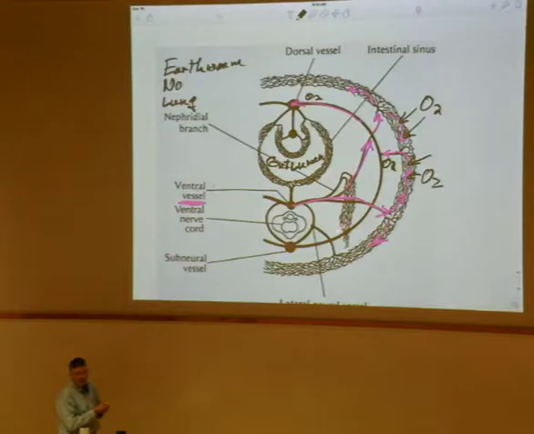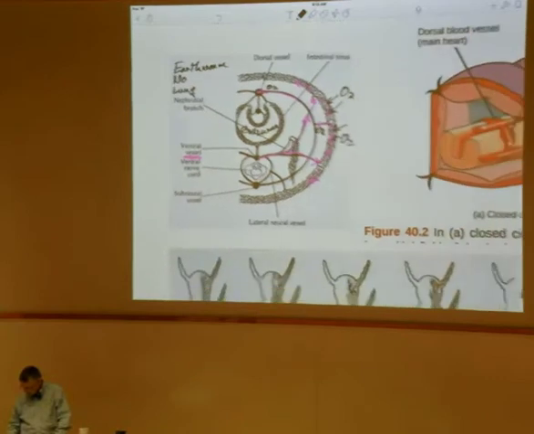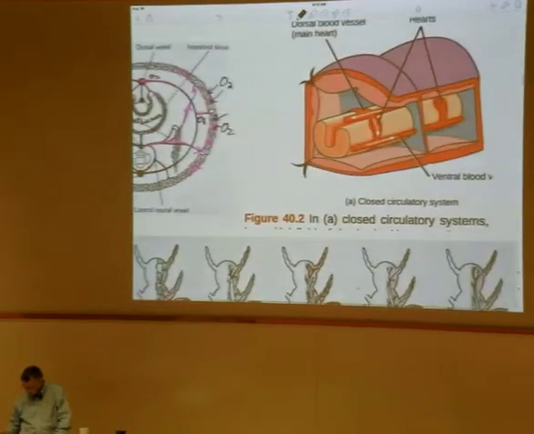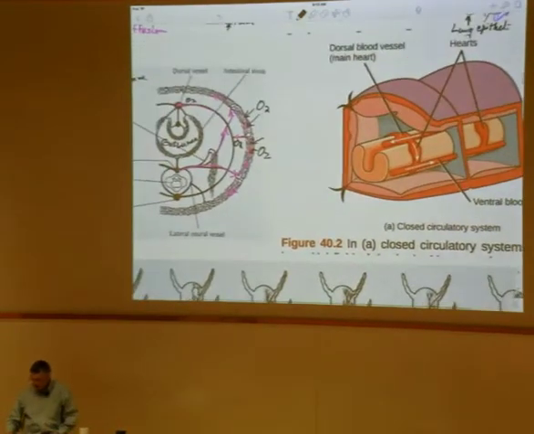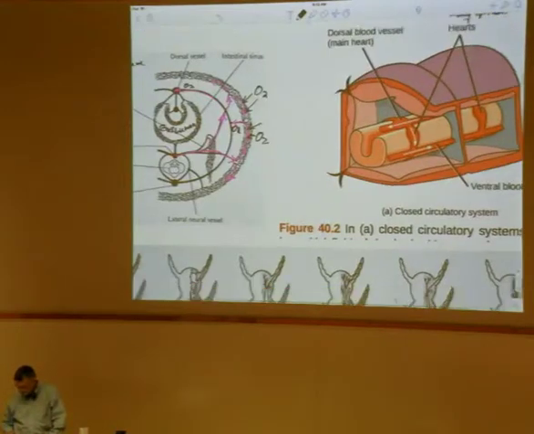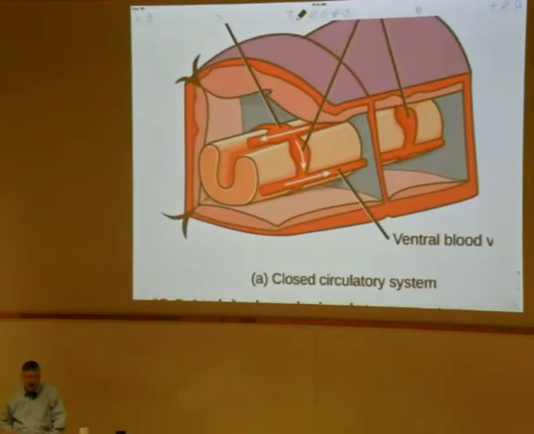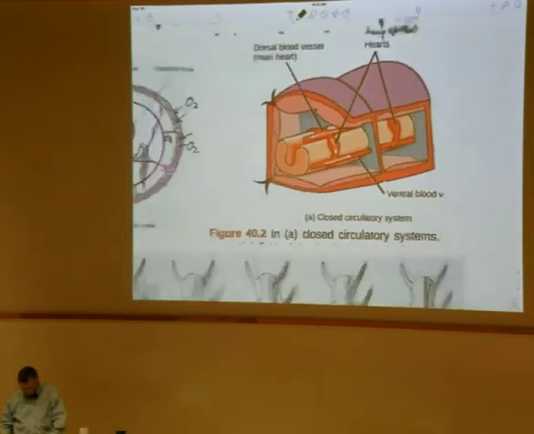Remember the metanephridium? So that's sending blood to the excretory organ in order to get waste molecules and stuff into the excretory organ. So no lung, no gills, just surface exchange. I added a diagram here just to remind you about the closed circulatory system of an earthworm.